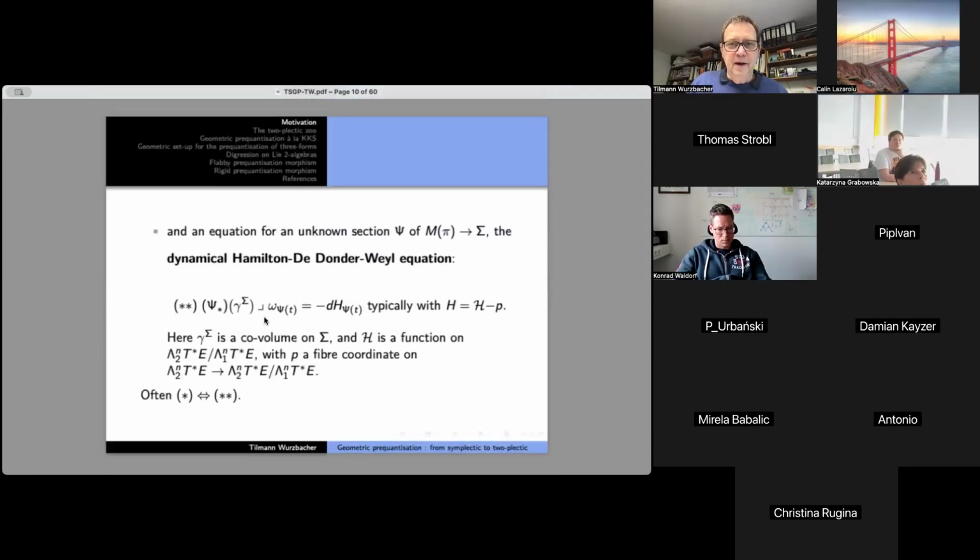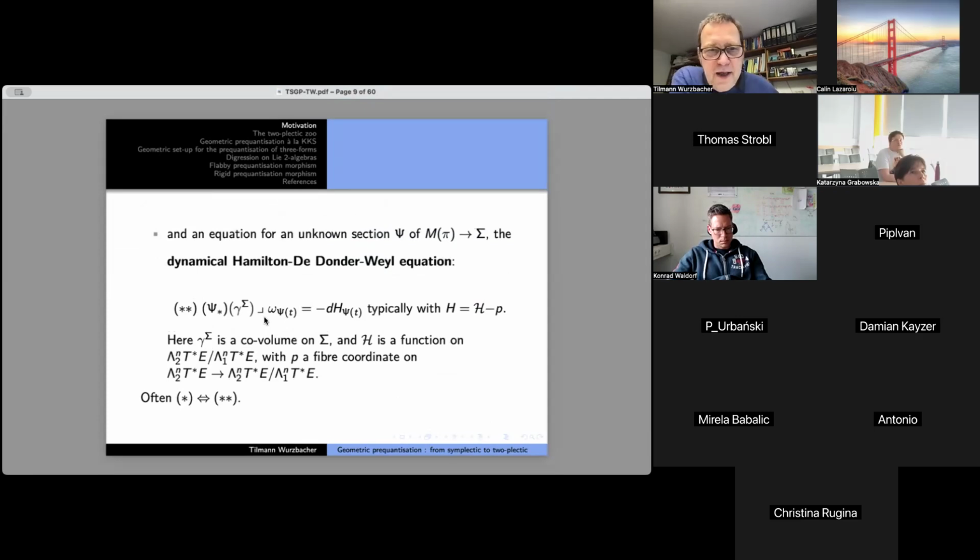Yes. The round H is a function which is not on the M of pi, but on this quotient, which has one coordinate less. This sometimes in the literature is called P of pi.